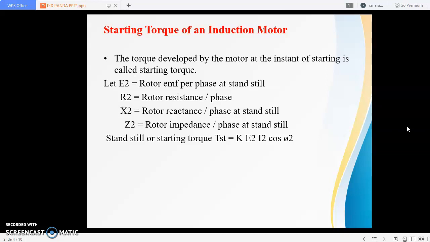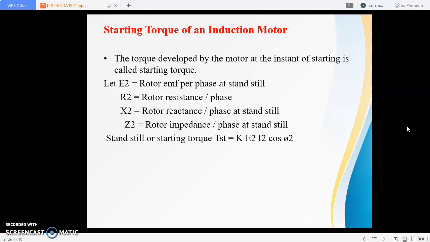The torque developed by the motor at the instant of starting is called the starting torque. Let us consider E2 is the rotor EMF per phase at standstill condition, R2 is the rotor resistance per phase, X2 is the rotor reactance per phase at standstill condition, and Z2 is the rotor impedance per phase at standstill condition.